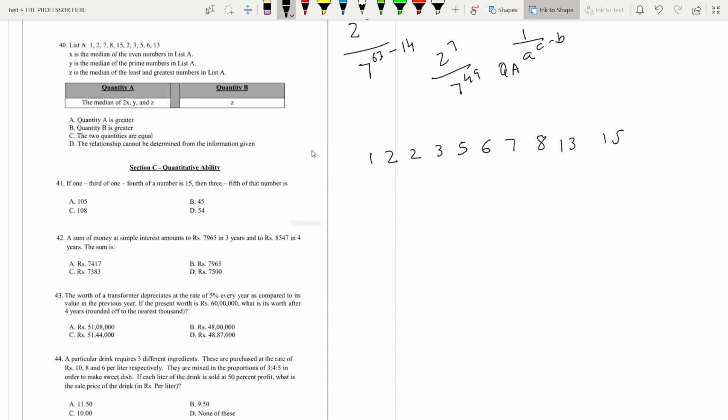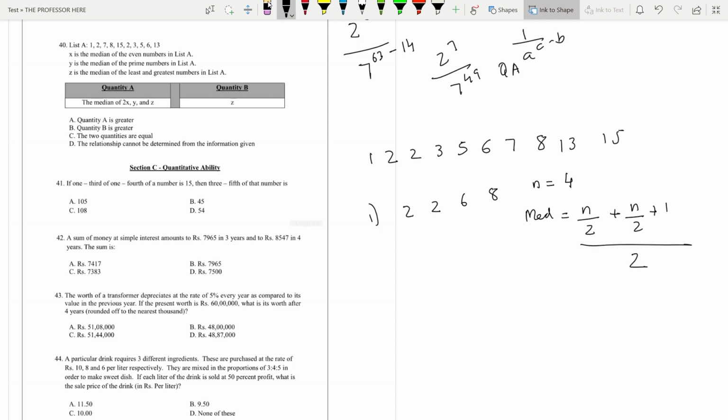Now X is the median of the even numbers in list A. Even numbers in list A are 2, 2, 6, 8. Now we have to find the median of this list. So how to find the median? For that, first you have to know the number of numbers. Number of numbers n is equal to 4. Now to calculate the median, you take the number that is in n by 2th position, add it to the number in n by 2 plus 1th position and take the average of both, that is, the whole divided by 2.